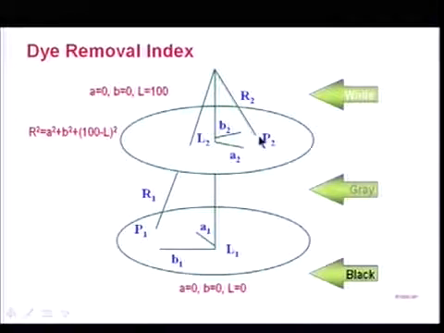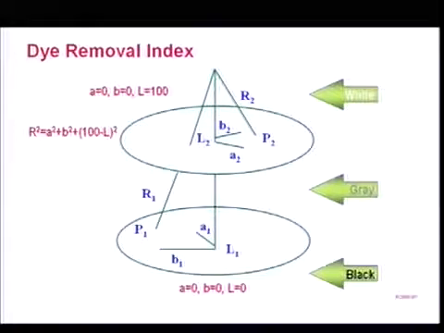P2 is the pulp after bleaching with the values of L2, A2 and B2. These are the color values of the P2 pulp after you bleach with the hydrosulfite. Now, R2 is, after bleaching, the residual amount of dye left in the system from the point of ideal bleach. Now, when you subtract R2 from R1, that is the amount of dye you want to remove.